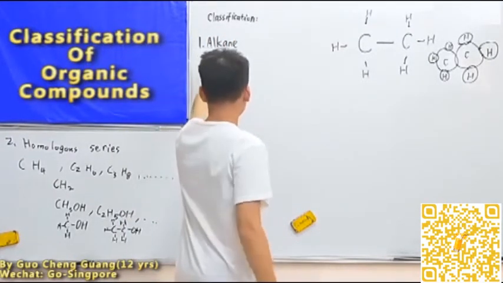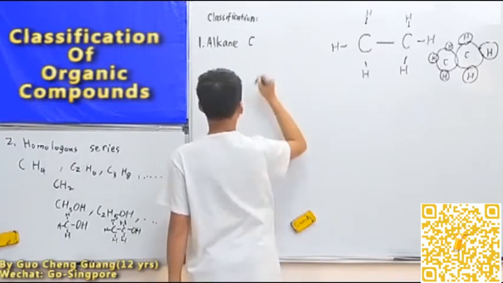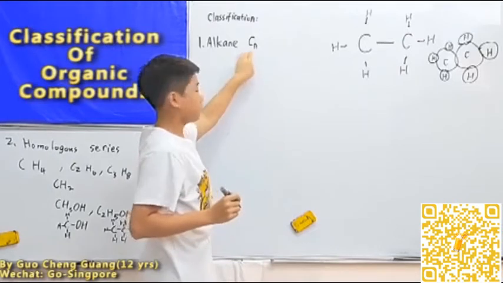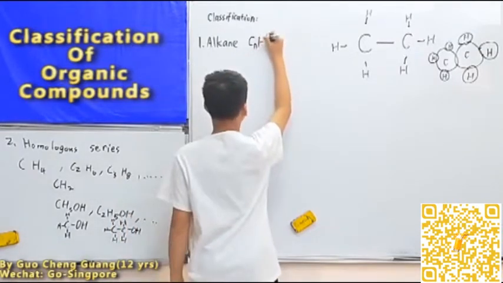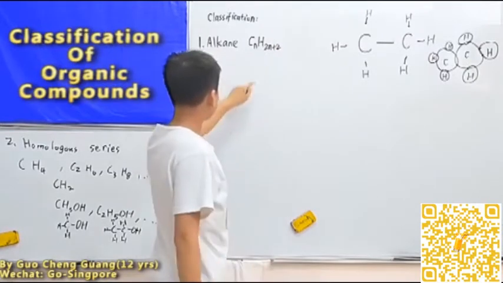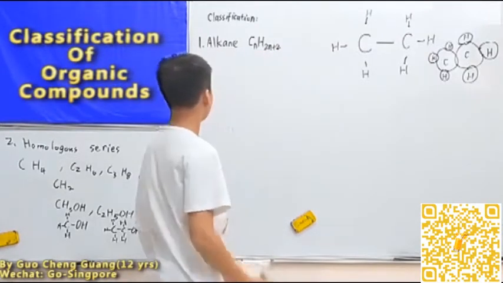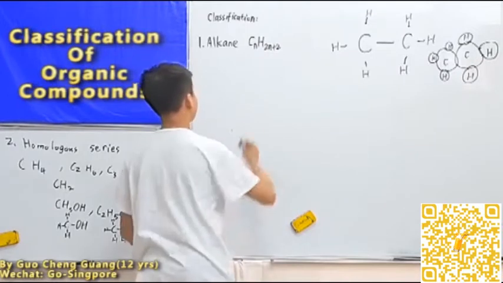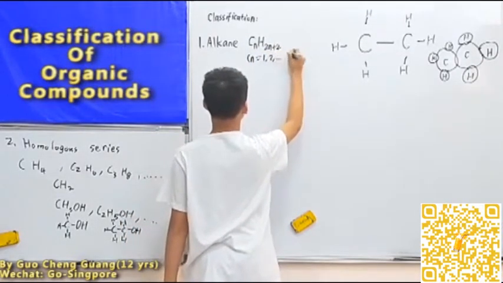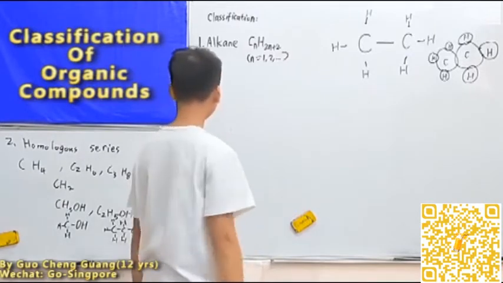So alkane in this part, it is going for C, N of C, then with hydrogen, 2N plus 2. So this is the general formula for alkane. So N from this part can be 1, 2, and so on.